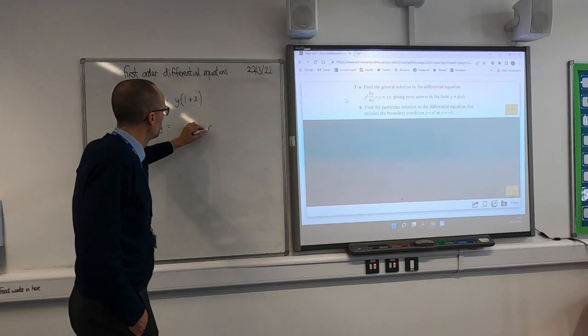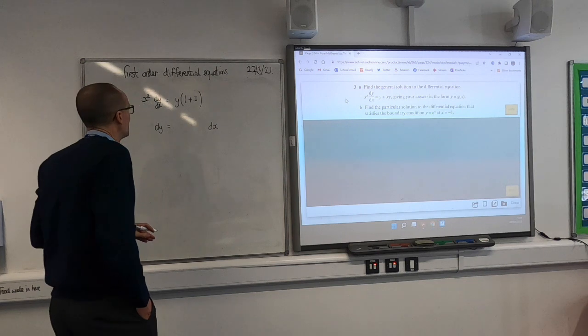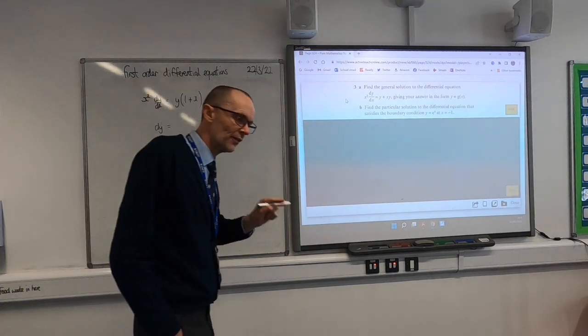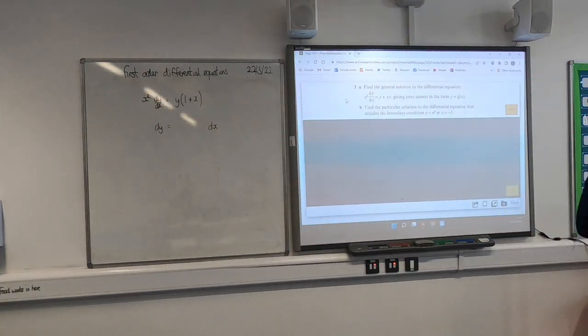Try and get everything with a y on one side and everything with an x on the other side. You're lucky in this one because you're going to get two things divided by one thing on the x side, which you can split into two separate fractions.